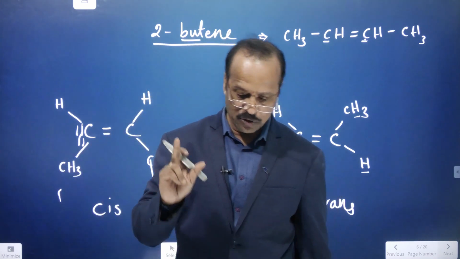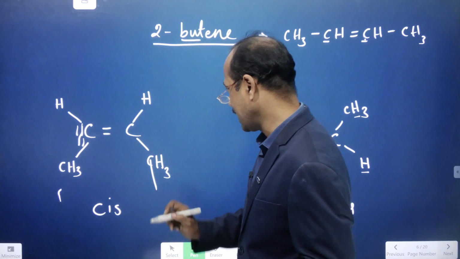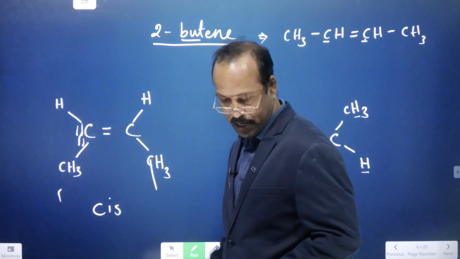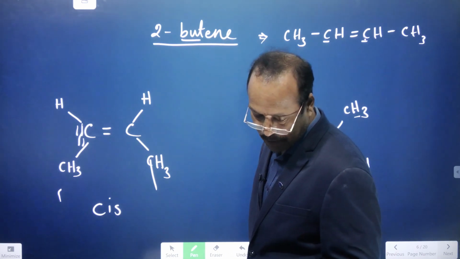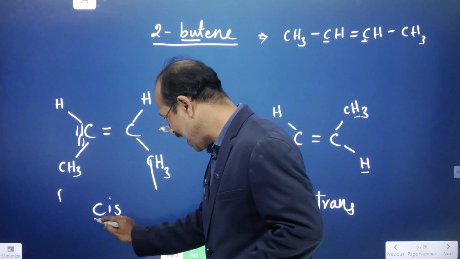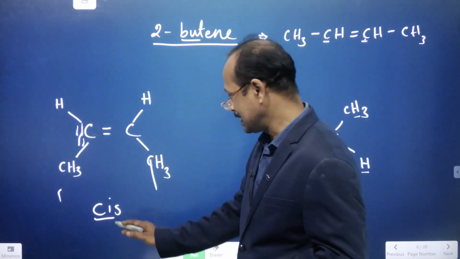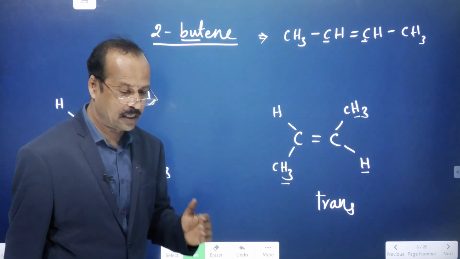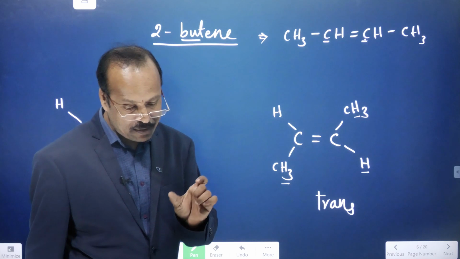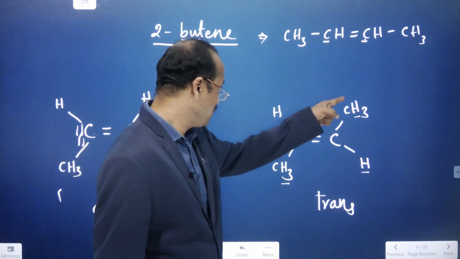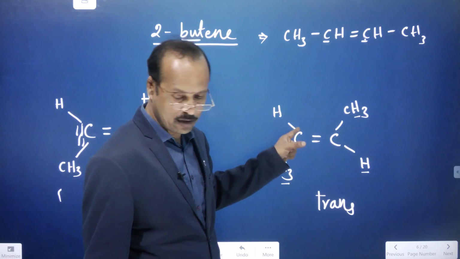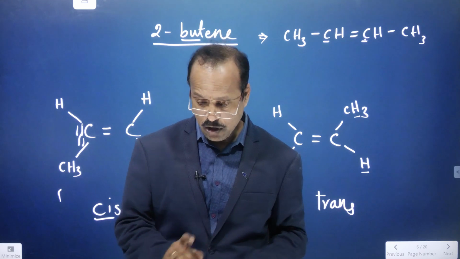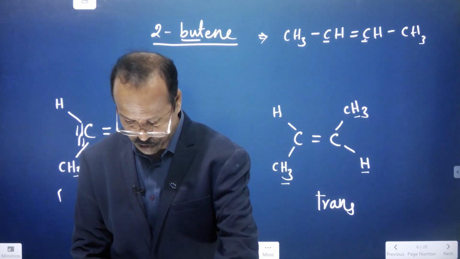The isomers which have similar groups, methyl, hydrogen, on the same side of the plane of the double bond are known as cis isomers. Immediately on the next page, the next box: the isomers which have similar groups on opposite sides, methyl on opposite sides, hydrogen on opposite sides, are called trans isomers. Clear? So this is the definition. Hope you understood both.